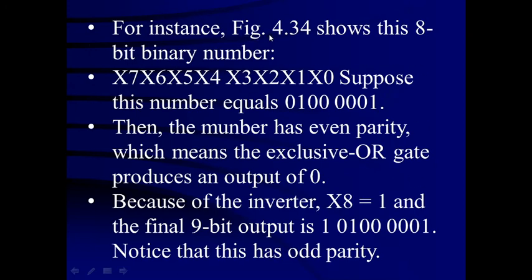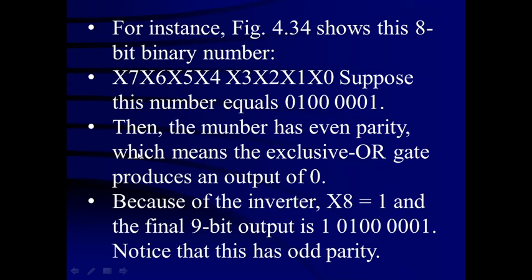For instance, figure 4.34 shows this 8-bit binary number x7, x6, x5, x4, x3, x2, x1 and x0. Suppose this number equals 0, 1, 0, 0, 0, 0, 0, 1, which contains two ones. That means it has even parity.